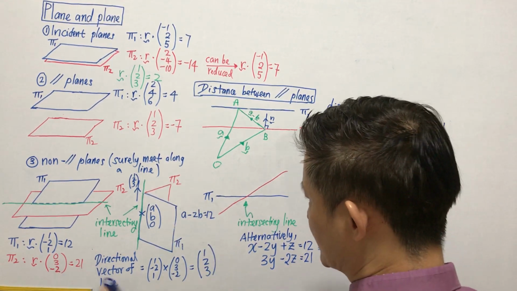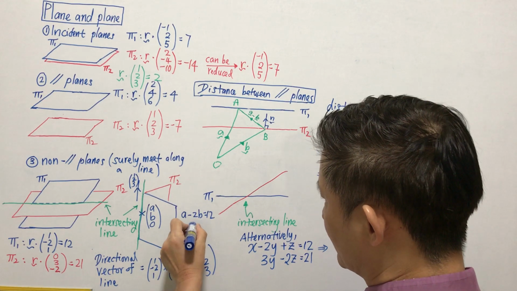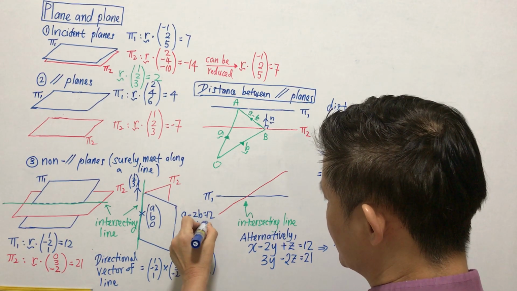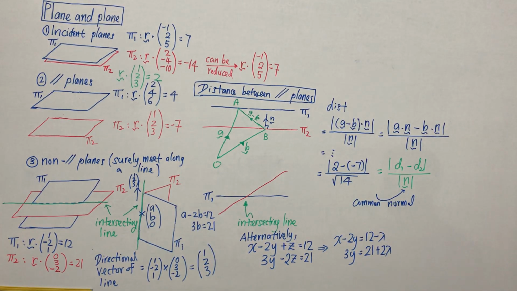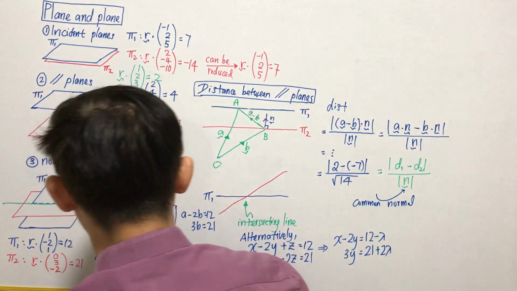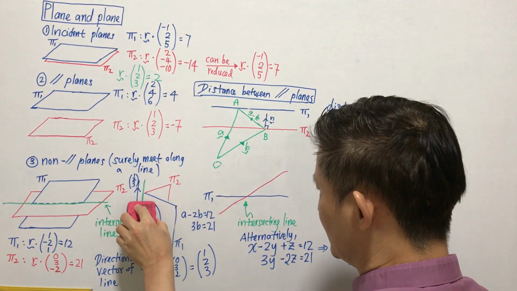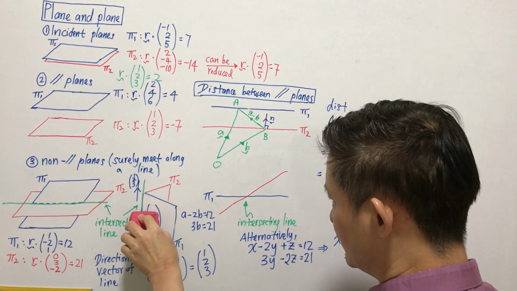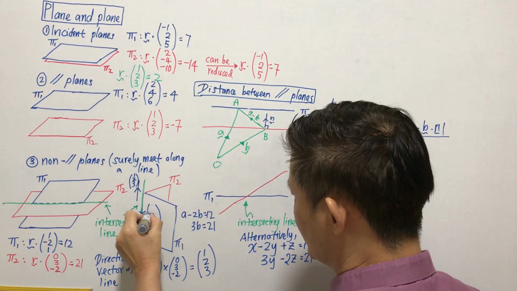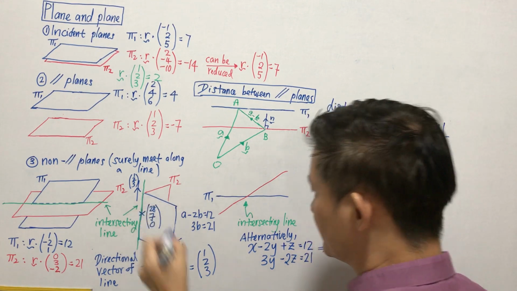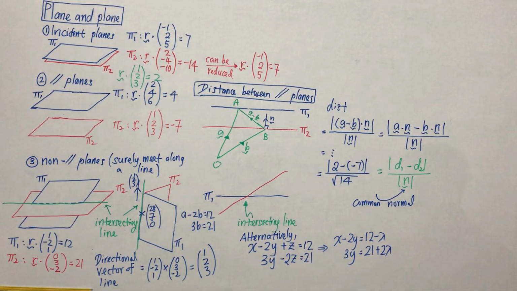And then I plug into the second equation, I will get 3B equals 21. If you solve for A and B simultaneously, B will be 7 and A will be 28.